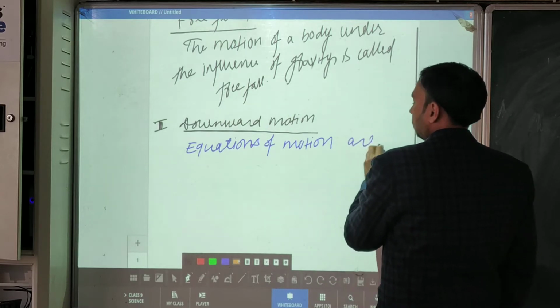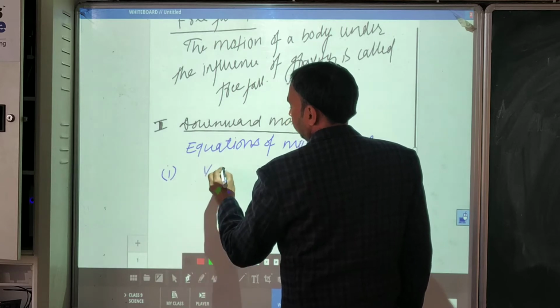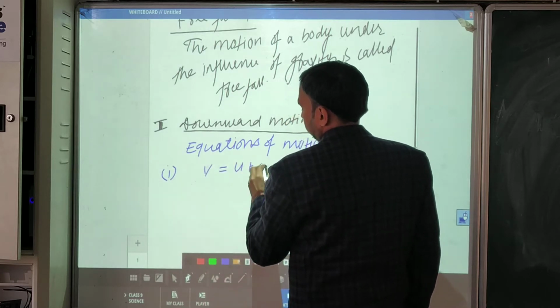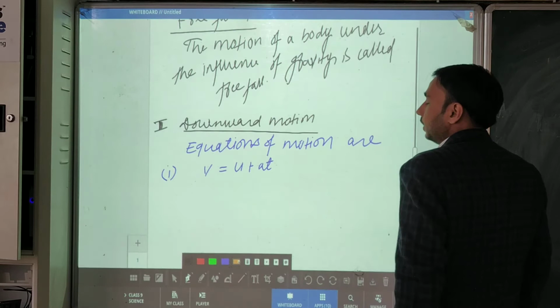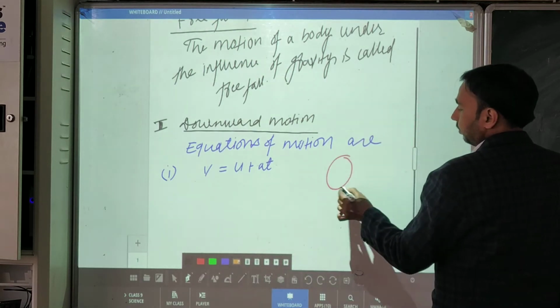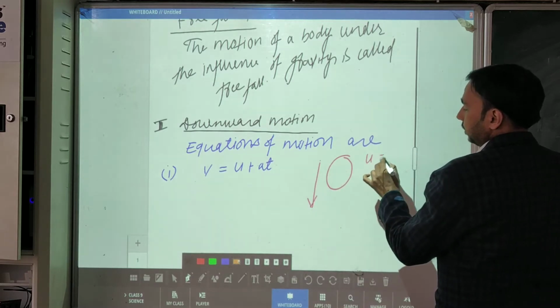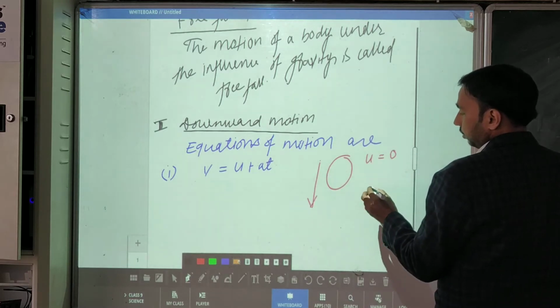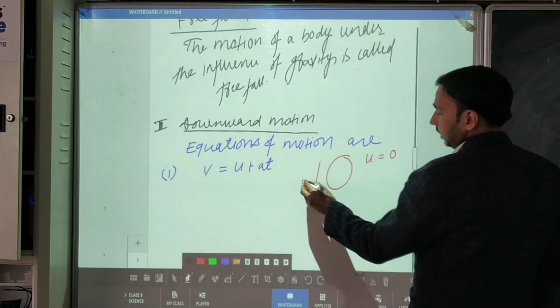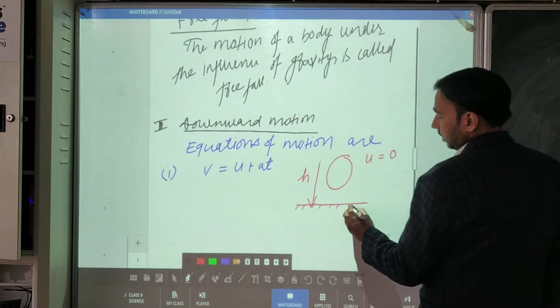are, for downward motion, remember, number one: v is equal to u plus at. Always remember when we are discussing the downward motion of a body, the body is dropped from a certain height, its initial velocity is taken as 0, and it travels a height h and then hits the ground.